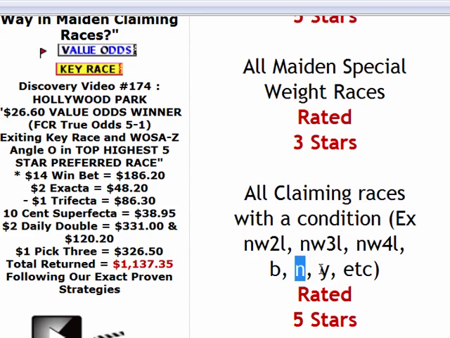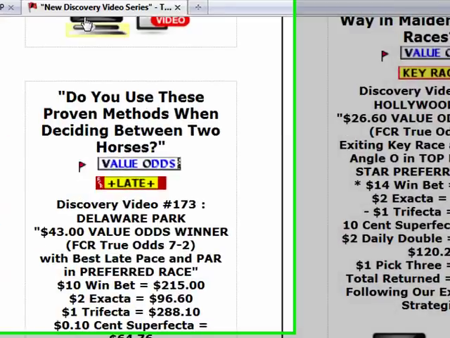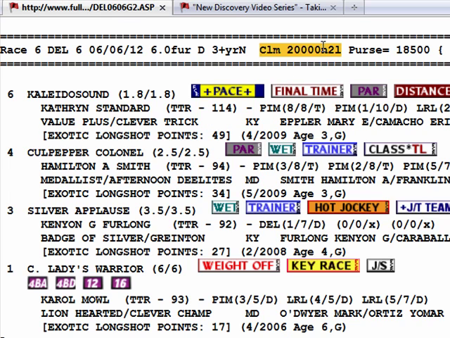Sometimes it's just a letter, or one letter and one number. But anything next to the claiming price, any combination of numbers and letters or just a letter, makes it a conditional claimer. That's a 5-star, top-rated, preferred race.